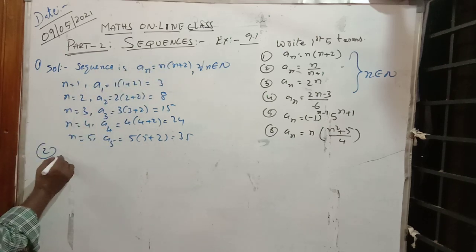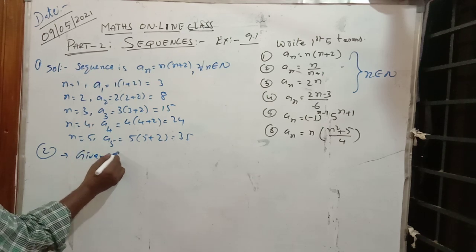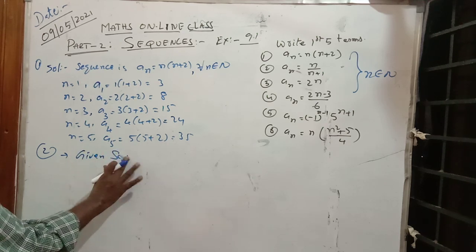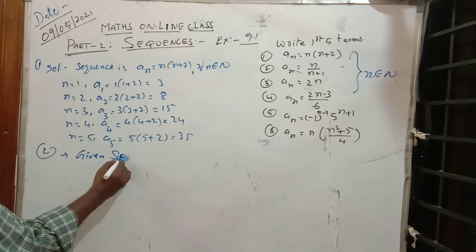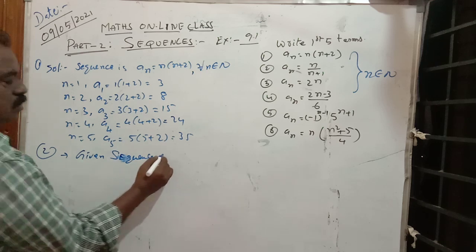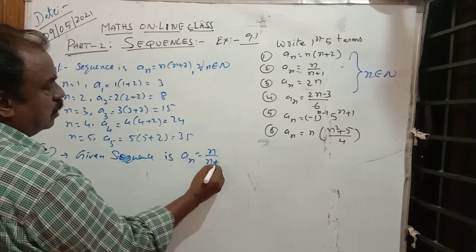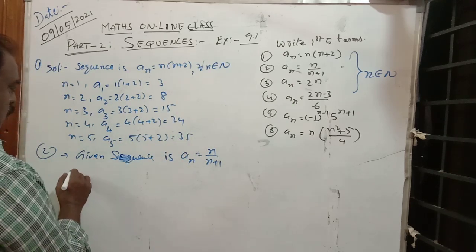Now, we go to the second problem. What is the given sequence or series? What is the given sequence? a_n is equal to n by n plus 1.